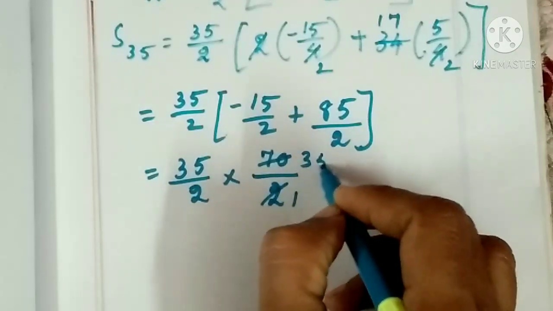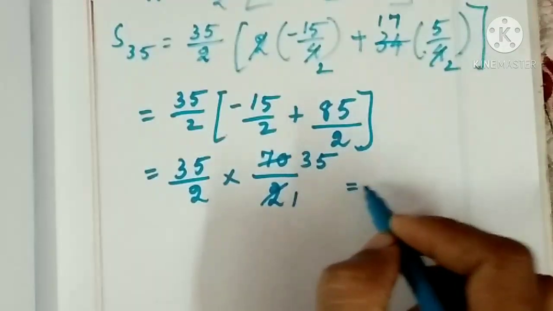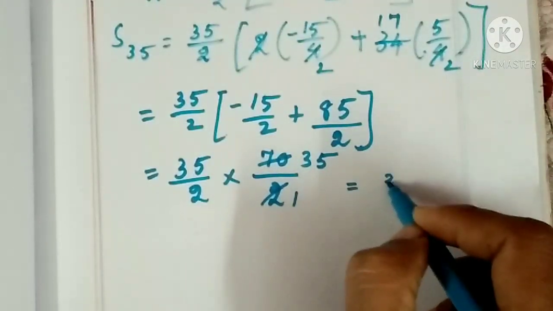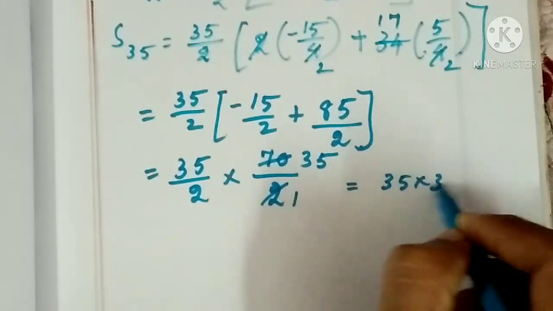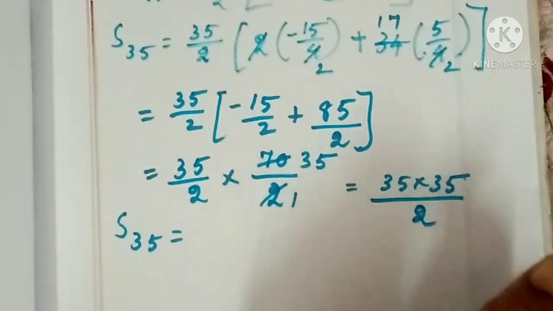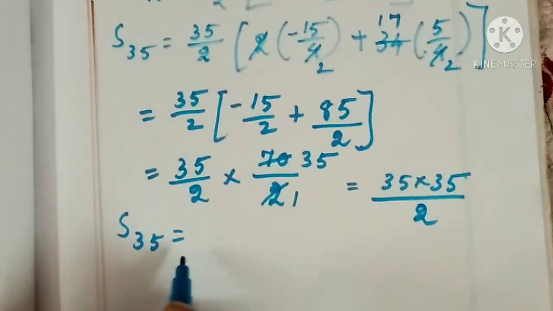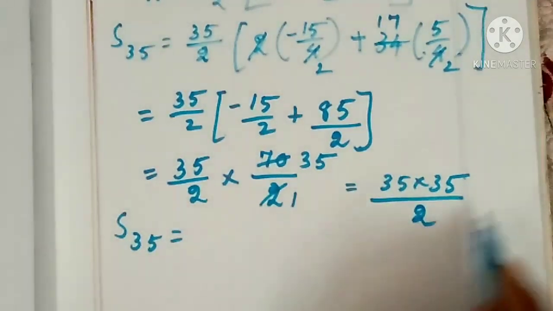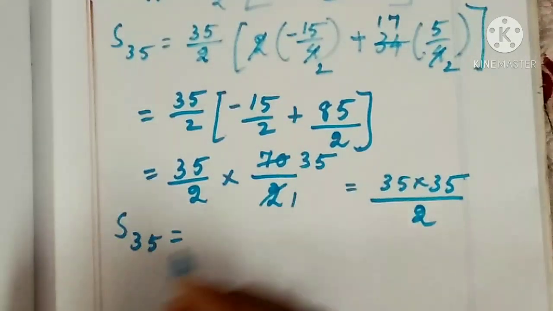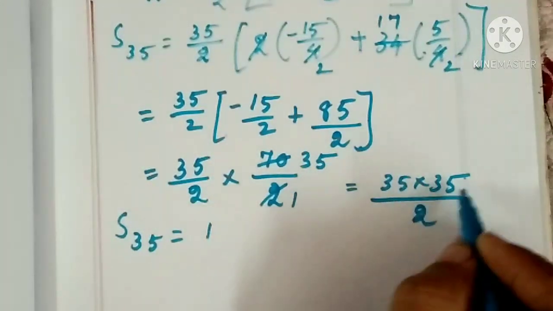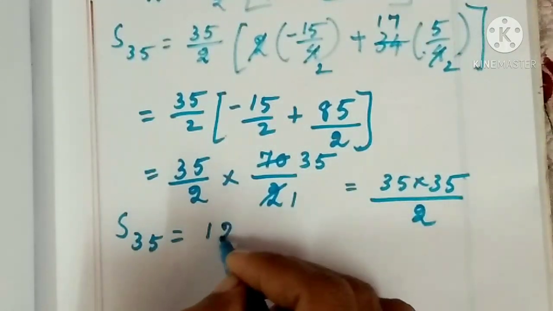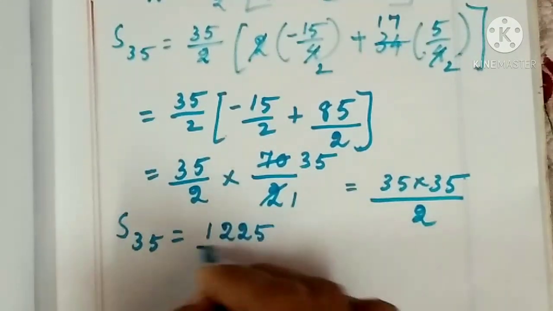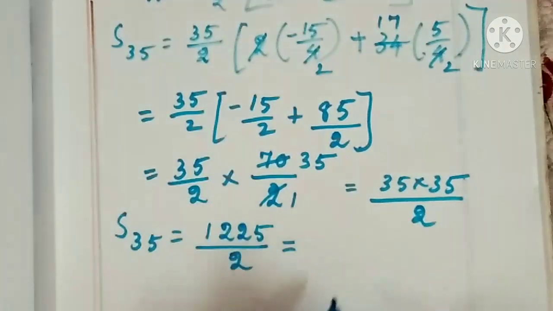Remainder 1. 5 2s are 10. So, we get 35 into 35 by 2. So, S35 is equal to, now you have to simplify this, means we get, that is 35 into 35, 1225 by 2.